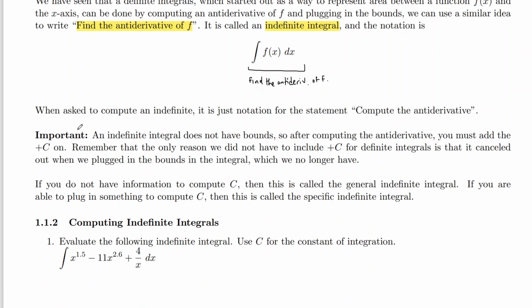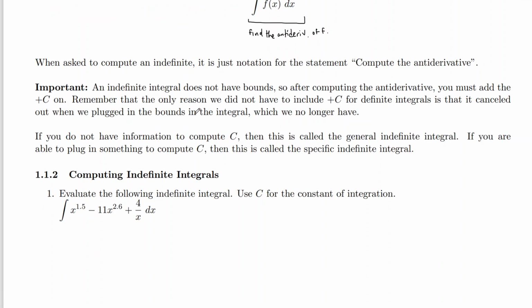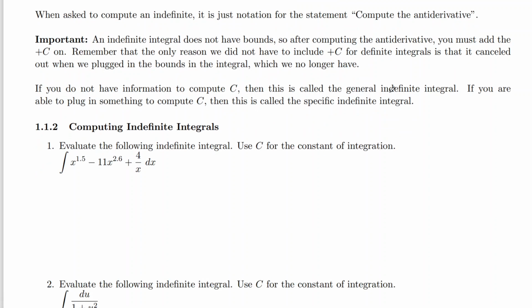All right, so my important note here was really just that the plus c is there, and as we compute indefinite integrals, you will see a plus c. In general, this is what we called it back when we talked about just antiderivatives, but if you have a plus c or whatever the letter is, that is called the general indefinite integral. So let's go ahead and just highlight that.